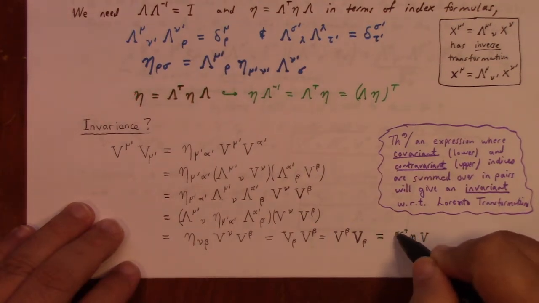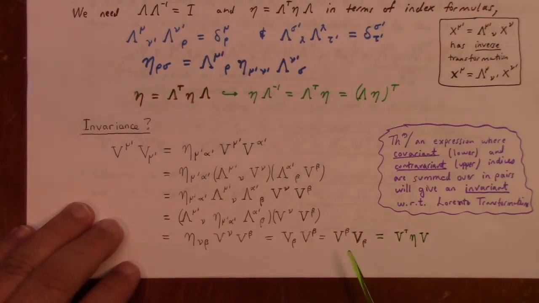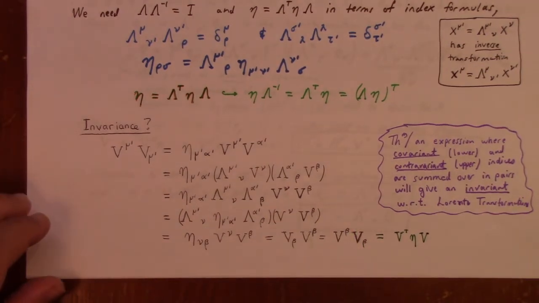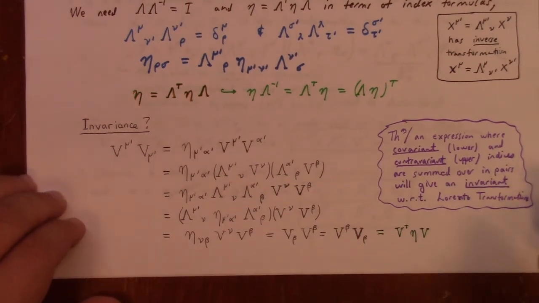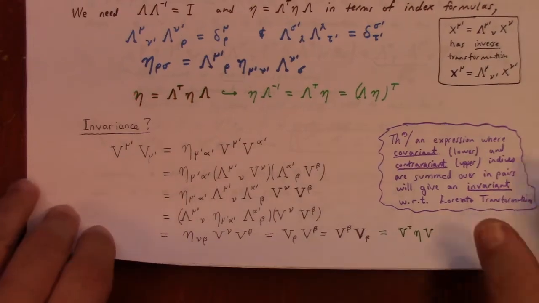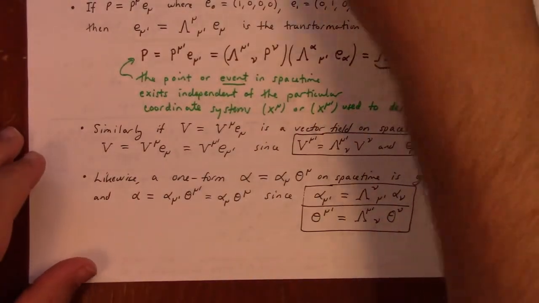This is exactly that scalar. Because you work this out, it's minus v0 v0, upper 0, plus v1 v1, plus v2 v2, plus v3 v3. So that is the significance of that scalar. It's the Minkowski product of the vector with itself. All right, coordinate change.